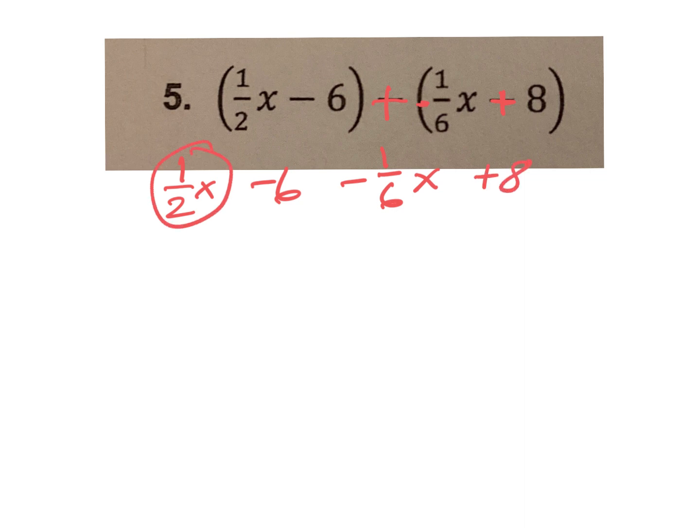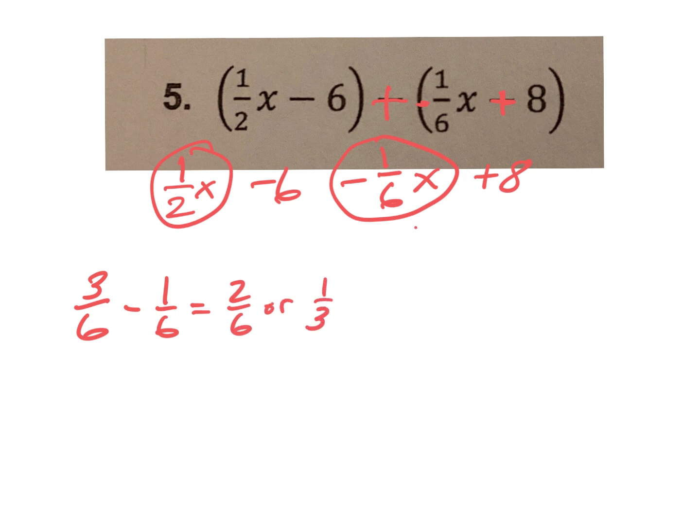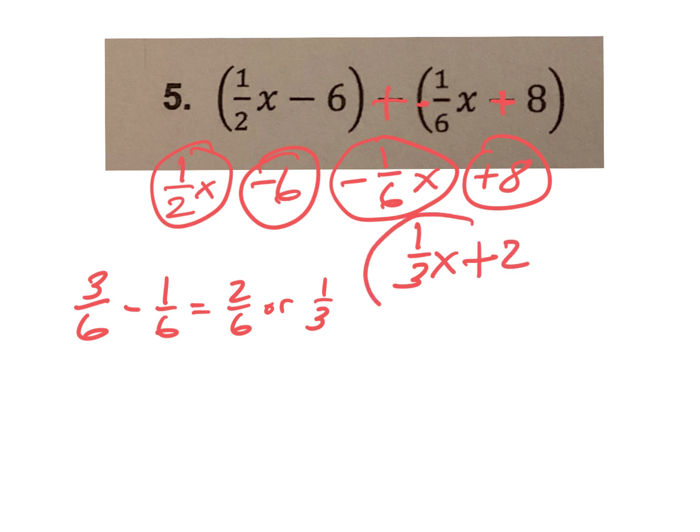And let's put the x's together. 1/2 x minus 1/6. So let's do that. We'll make it 3/6 minus 1/6 equals 2/6, or 1/3. So we have 1/3 x. And now I'm going to put this negative 6 with this positive 8. And when I add those together, I get a positive 2. 1/3 x plus 2.